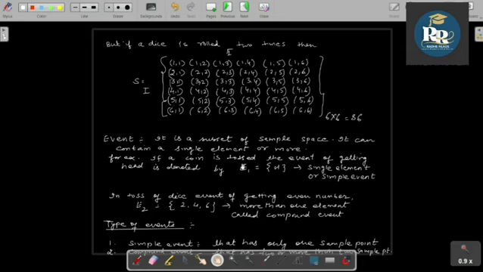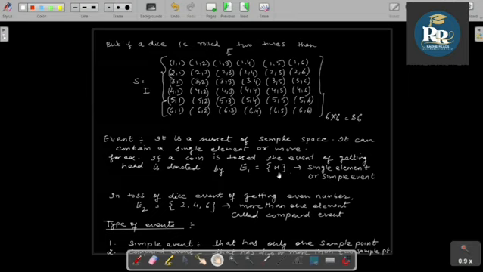For example, if a coin is tossed, the event of getting head. If I'm interested only in getting head, then it can be denoted by E1 equals curly bracket head. Since it contains only a single element, it is also called a simple event. So what is a simple event?